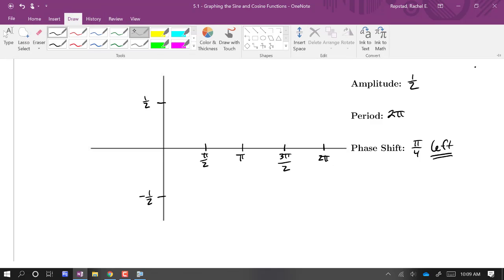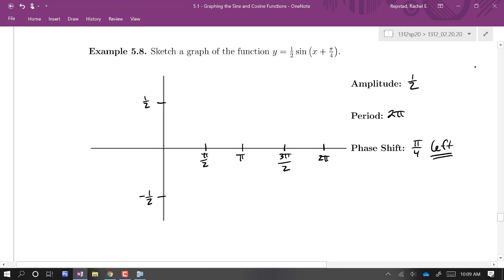And I'm just going to do this in gray. So sine starts at 0 and goes up. Sometimes if I'm doing it on paper, I'll kind of just draw it dotted or something. But this one is 1/2 sine x.